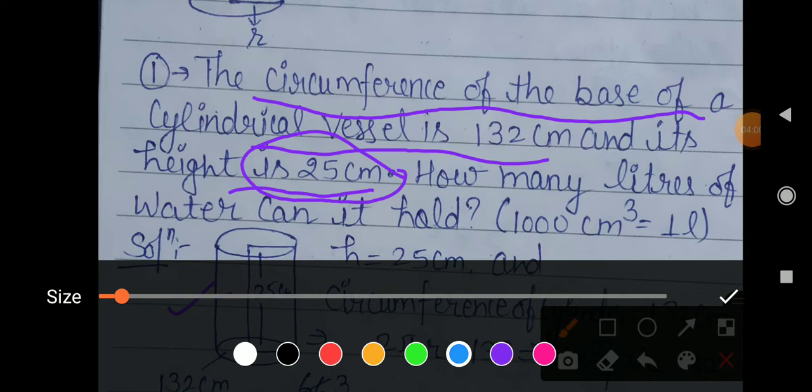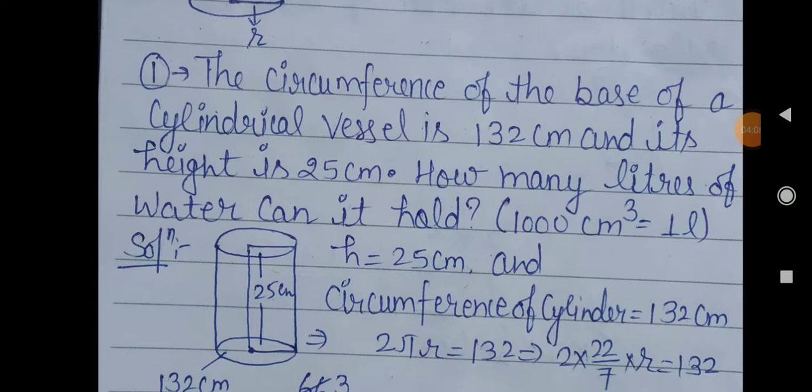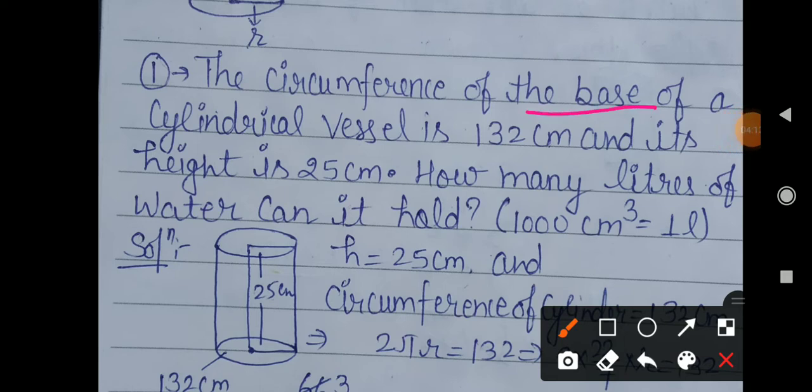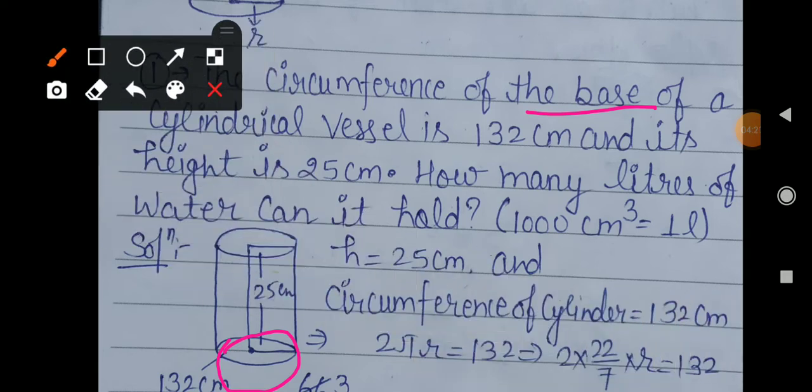Circumference is given here, and you very well know the meaning of circumference in a circle. The base is in the form of a circle, so you have to apply the formula of a circle here.